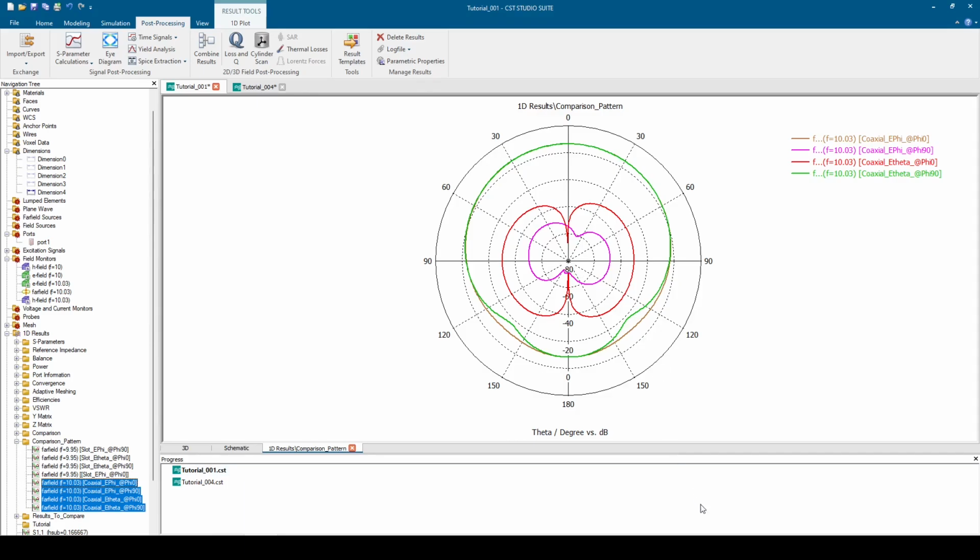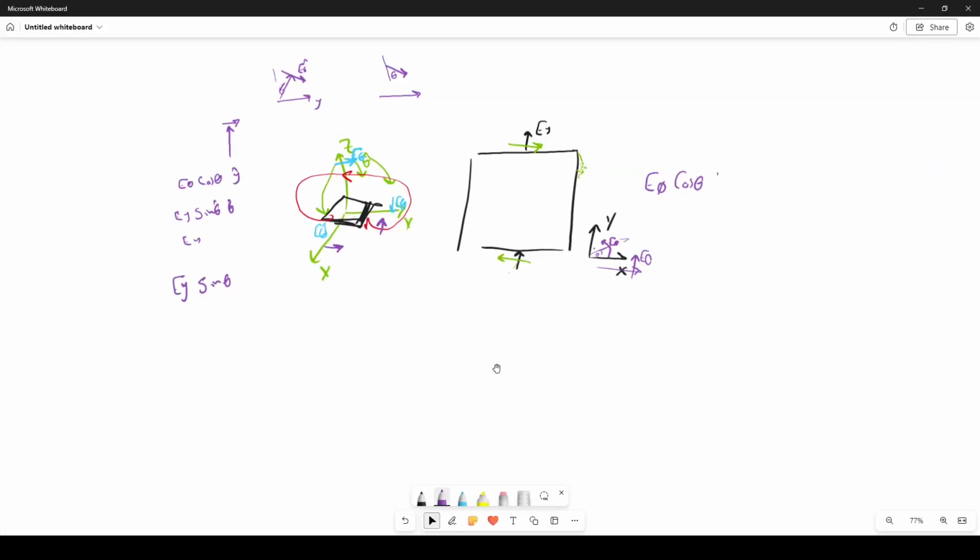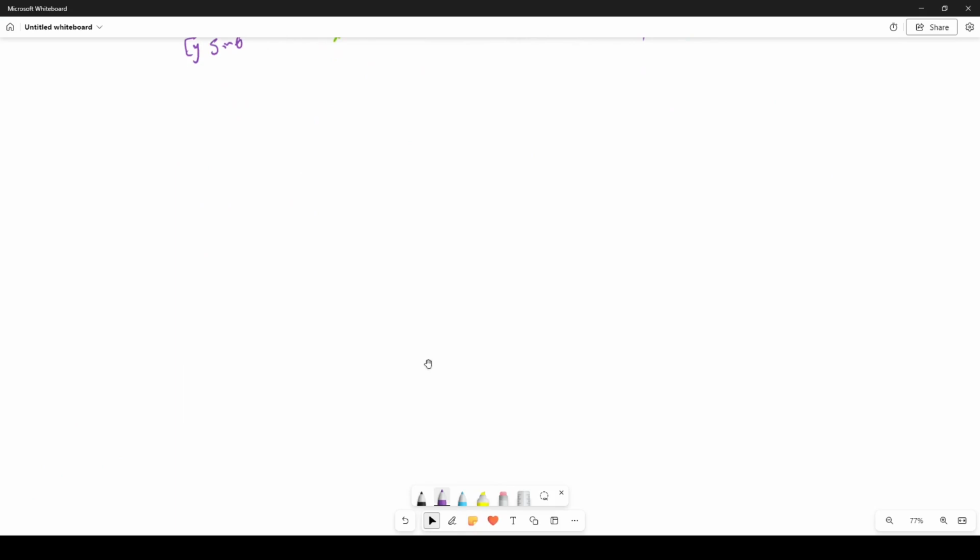If you want to have a look at it, it is something like this for the patch antenna, like how the patch antenna radiates.